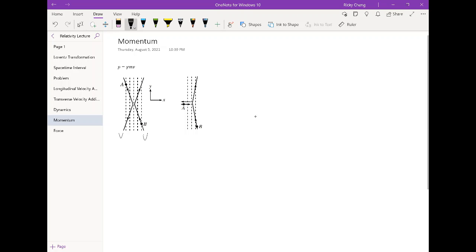Obviously, since they are identical objects with the same speed, they will just reflect off each other. Now they'll be moving in opposite directions, but as you can see in this diagram, the x component of the velocity of A is reversed, and the same is true for the x component of B's velocity.